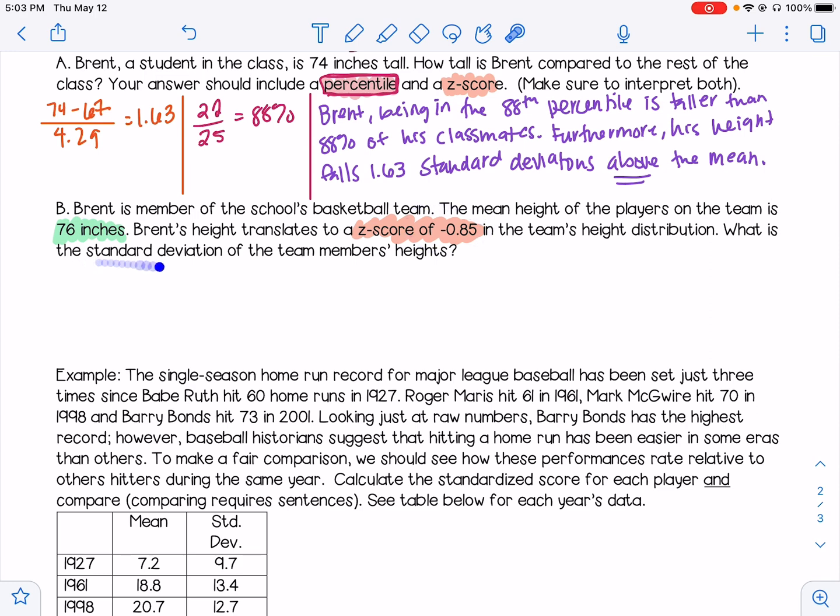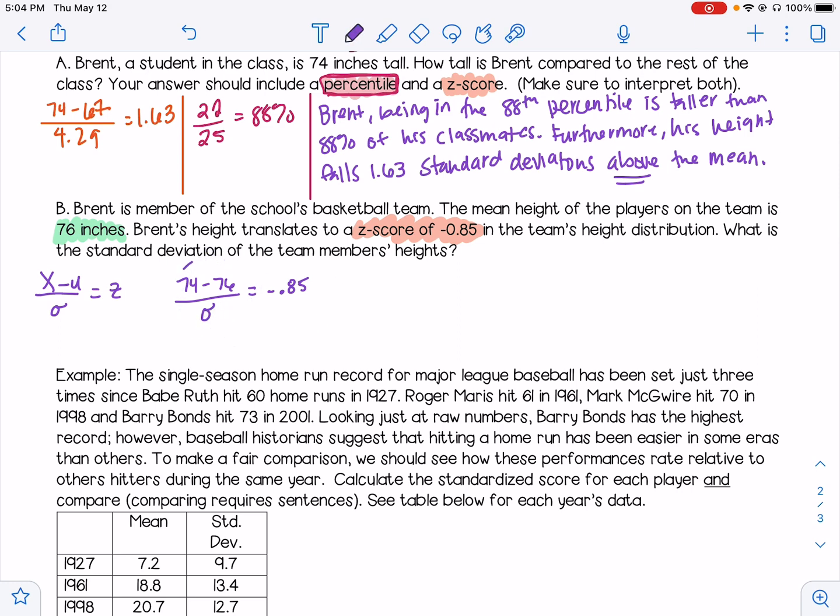The question is, what is the standard deviation? So in a problem like this, I'm going to go back to my formula. X minus mu over sigma equals z. Well, I know that my x is 74. That's how tall he actually is. The mean is 76. We're trying to find sigma, and we know the z-score is negative 0.85. So at this point, it's just solving. We know anytime we have something in the denominator, we swing it up to the other side.